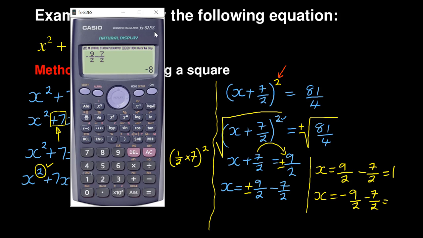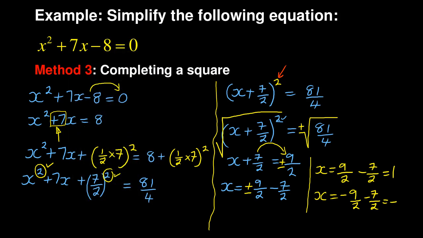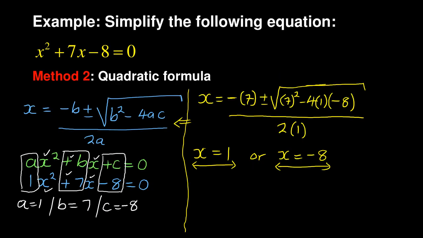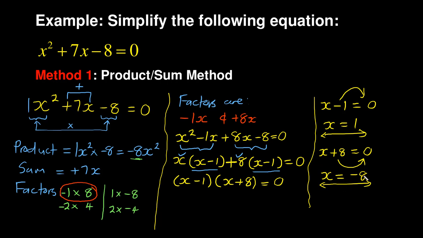If you simplify that, you can see it gives me a negative 8. So now you can see that I'm coming up with the similar answers that I got previously. x is equal to 1, x is equal to minus 8. If you go backwards, you'll see x is equal to 1, x is equal to minus 8.